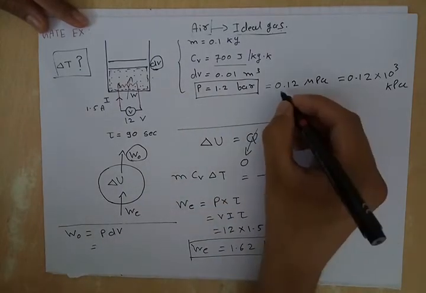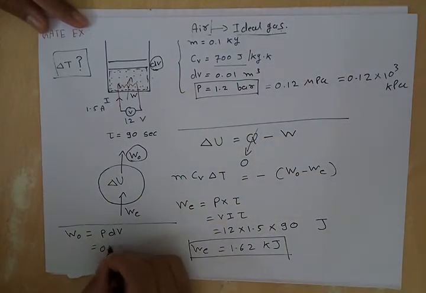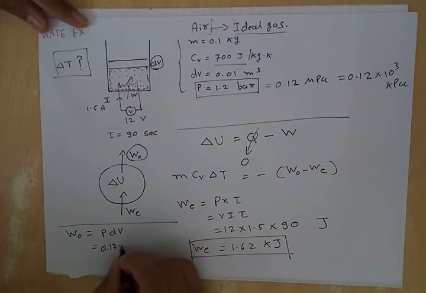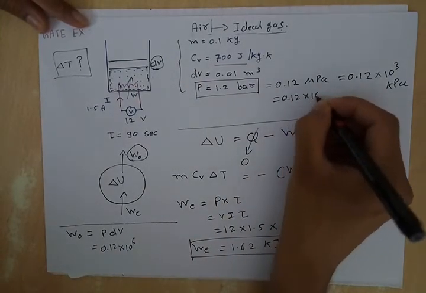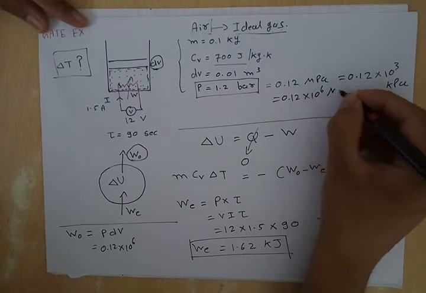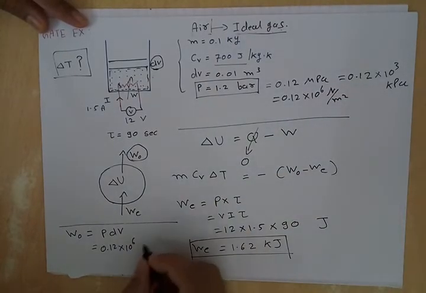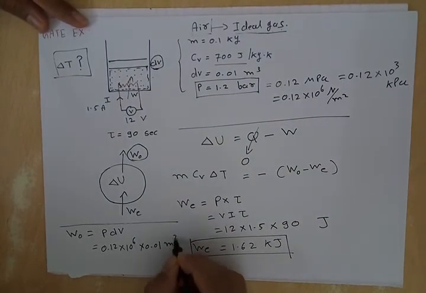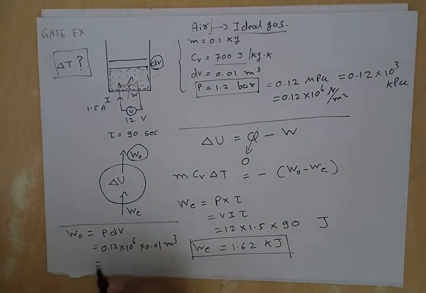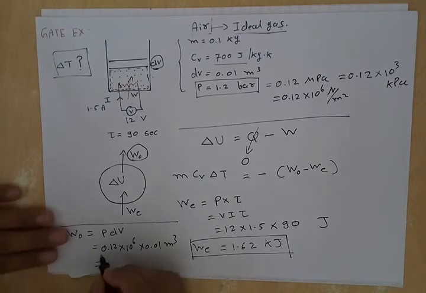So pressure is 0.12 megapascal. So we can write 0.12 times 10 raised to 6 pascal. Pascal is Newton per meter square. And volume is 0.01 meter cube. So you will get 1.2 kilojoule.